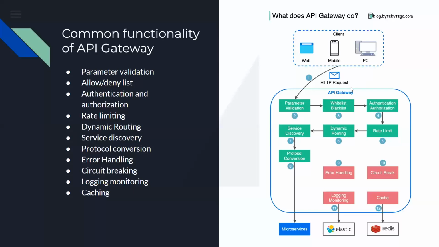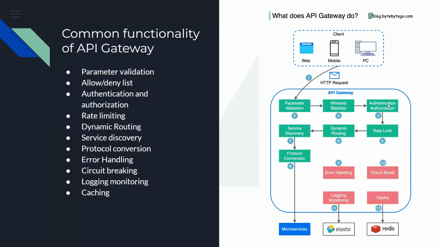Okay, for instance, if a request does not contain a bearer token, or if a request does not contain a kind of authorization, there are certain validations that are put into the allow and deny list. So it's the API gateway. The API gateway confirms and validates the request, and then sends it into authorization and authentication.